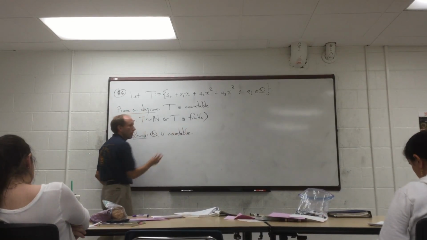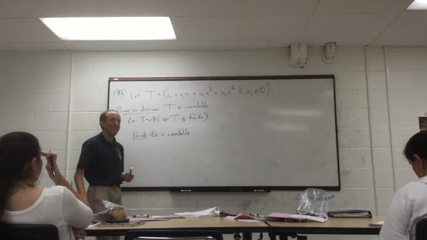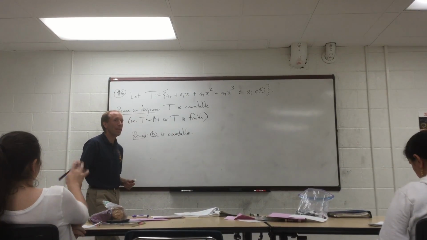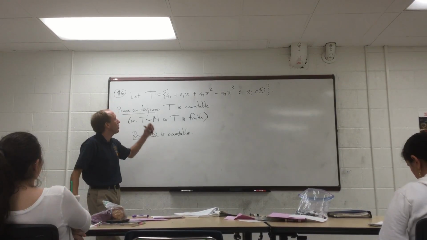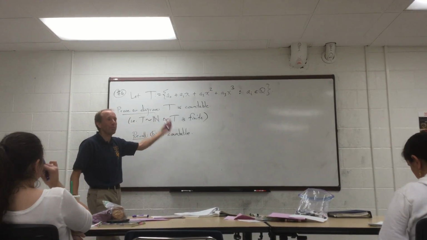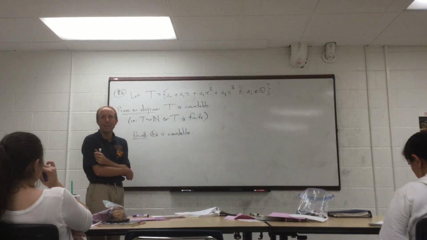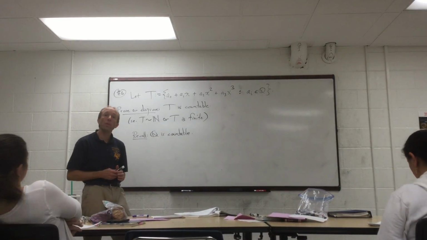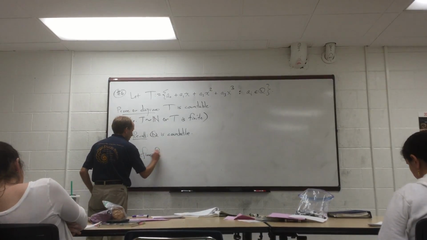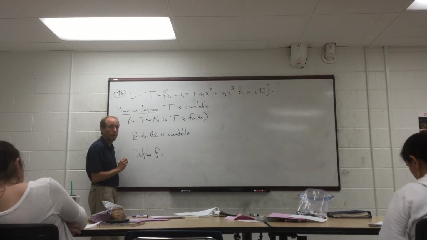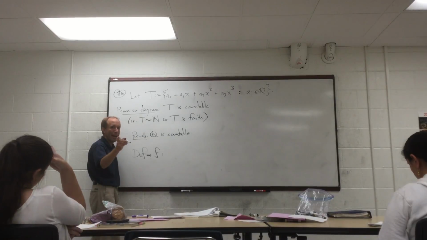There's a theorem, right? This is kind of what we did in the previous semester. We've seen this kind of thing before. It's a countable union of countable sets. If we could express T as a countable union of countable sets, that would do it. Can we form a function? Technically all we worry about is a_0, a_1, a_2, a_3.